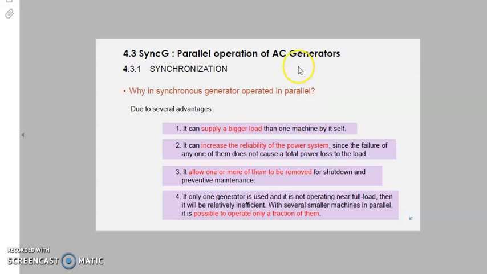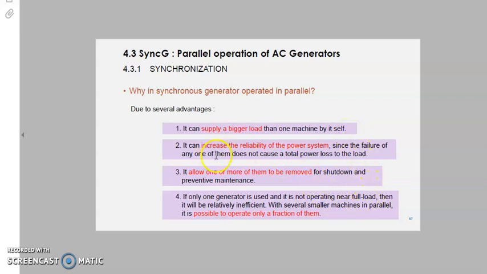Means that a few generators placed around, let's say, Peninsular Malaysia will be combined together into the grid, and the grid will supply the load all over the peninsula. Means that it can supply a bigger load compared to one generator by itself.